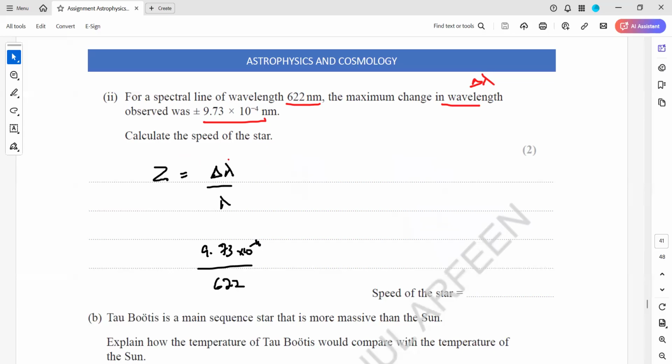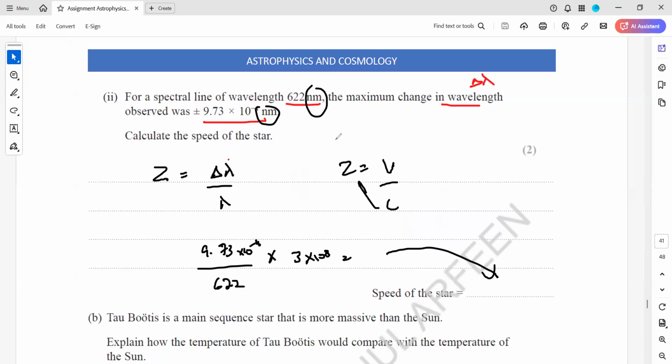Why did I not convert these units? Both are given in nanometers. I did not convert because I will just take a ratio of them. If I need the speed, Z equals V by C, so we multiply by the speed of light, which is 3 times 10 to the power 8. That will give us the speed at which the star is moving. If one wavelength was given in meters and the other in nanometers, then I would have to convert the units. But in this case, because I just have to divide, I don't have to convert.